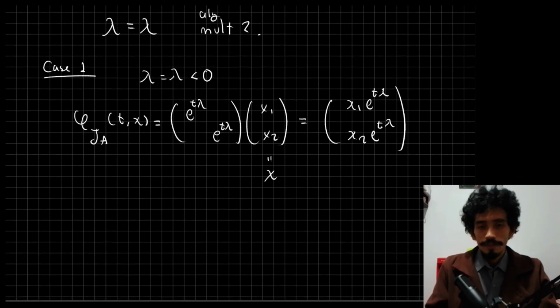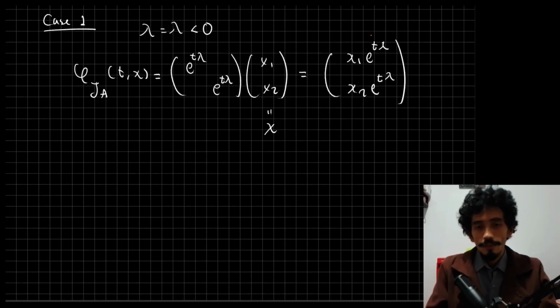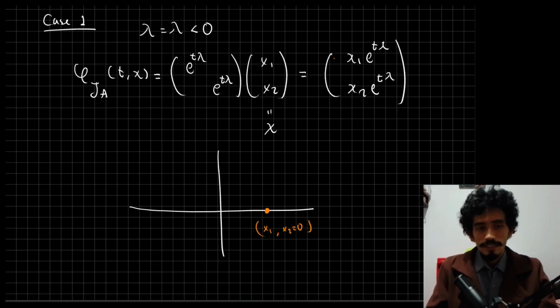So now, what happens when both are negative? Well, since we can draw the Cartesian plane, if we take some initial value in this axis, let's say x1 is equal to some positive value and x2 is equal to 0, then this flux, when t grows, since lambda is a negative number, will tend to 0.